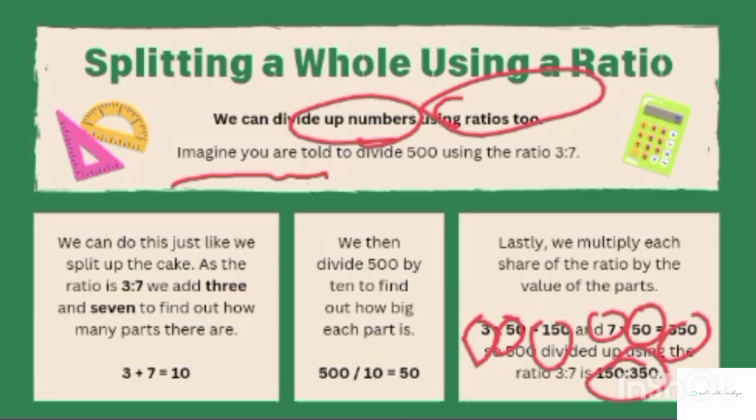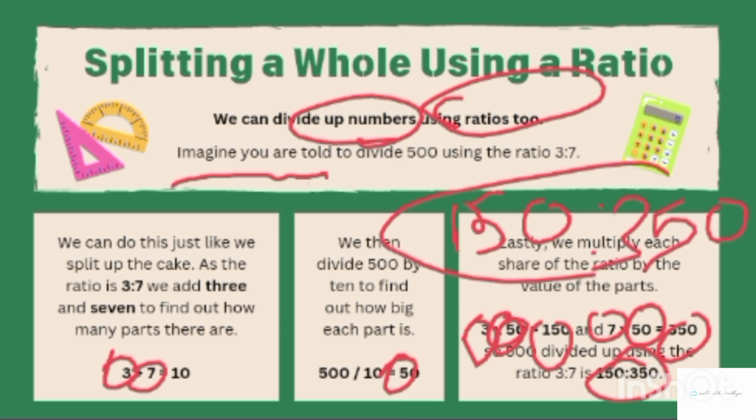When we multiply 3 with 50 and 7 with 50, we get 150 and 350. This is how we can divide up numbers using a ratio.